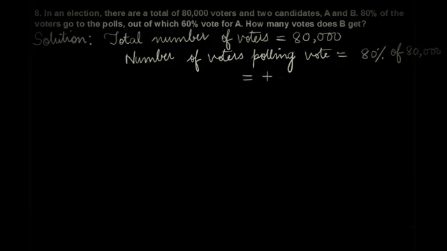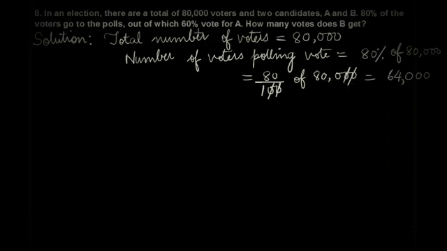That gives us 80 by 100 of 80,000, where we can cancel the two zeros. So 8 into 8 is 64. Then we have got 3 zeros. That gives us 64,000 people went for polling the vote.